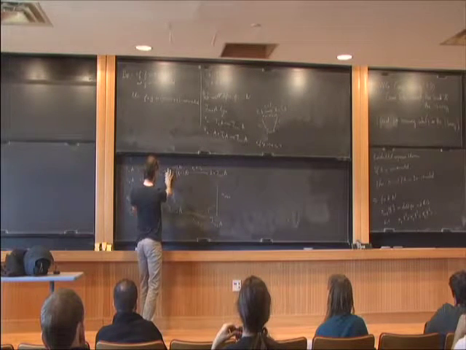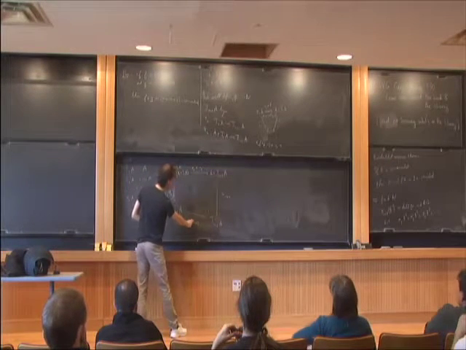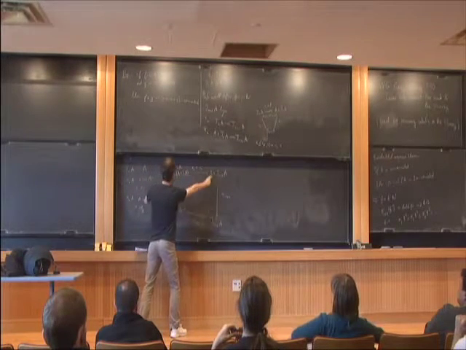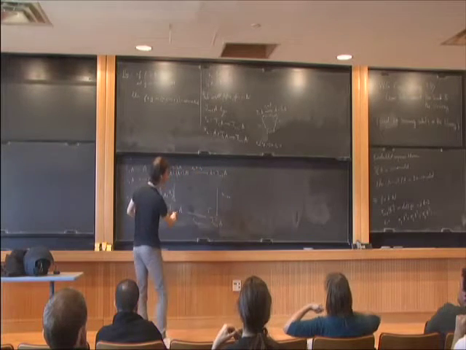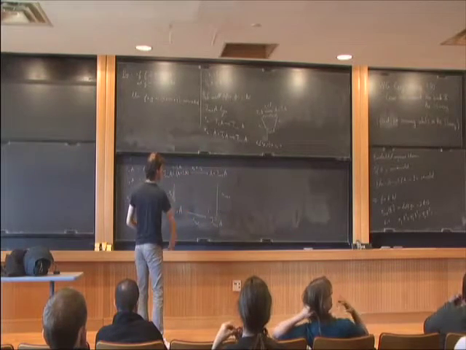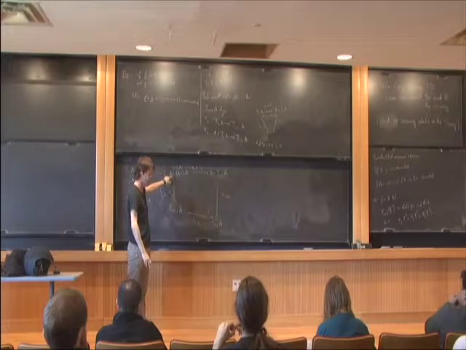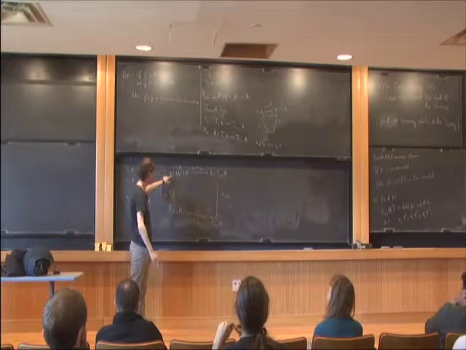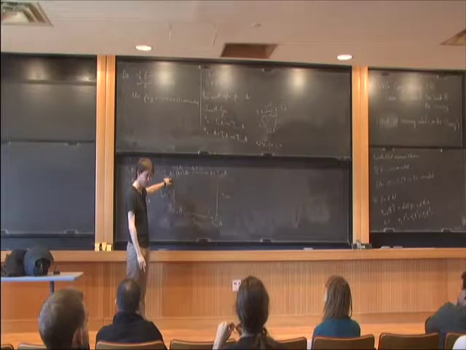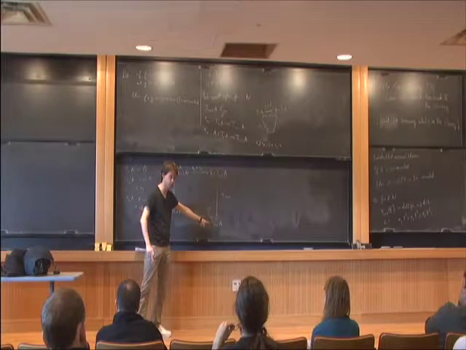If you just look at this part, this map is i n plus 1, and this map is the identity followed by alpha n. So if you restrict the commutation of this diagram to the first component, this map is first the identity, then i n plus 1.